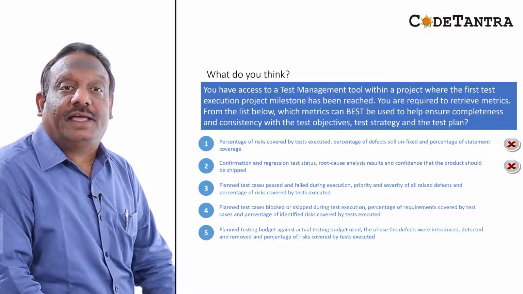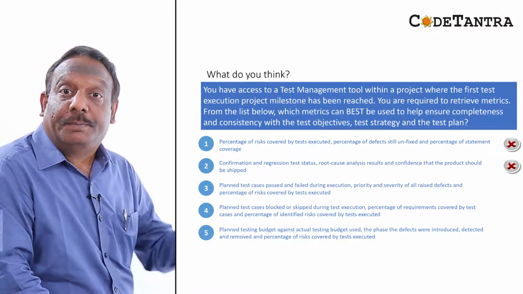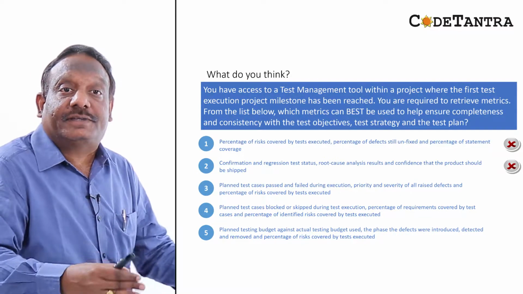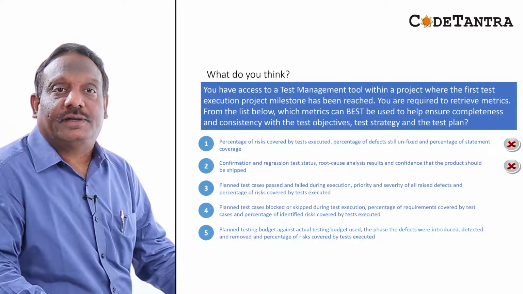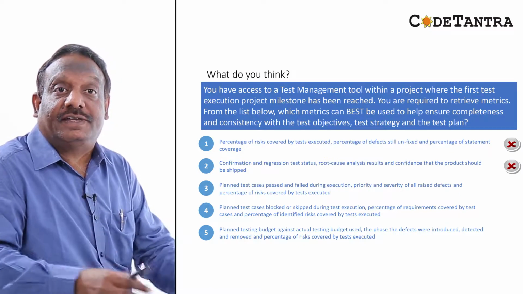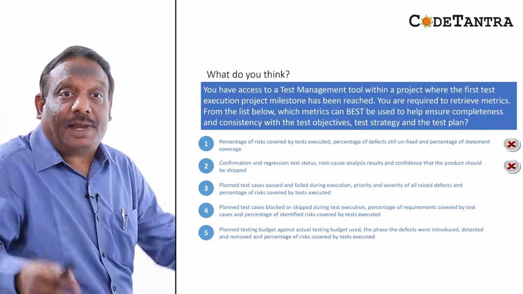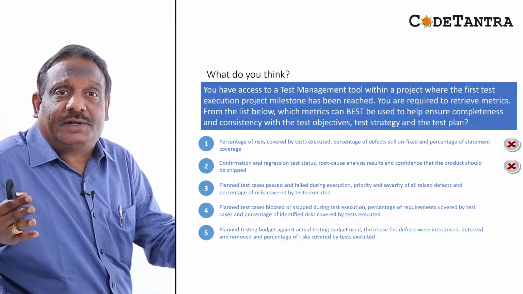The third item is planned test cases passed and failed during execution, priority and severity of all raised defects, and percentage of risks covered by the tests executed. Do all the 3 talk about the consistency and completeness of your testing project? Definitely the planned test cases passed versus failed is not related to completeness.